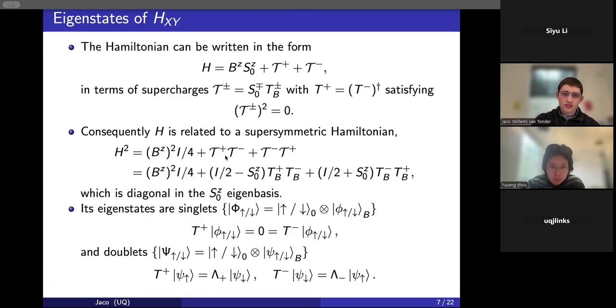Or the only other possibility is if T acting on the eigenstate gives 0, so those being the singlets. So doublets meaning doubling, they come in pairs, or singlets, there's just a single one of those. I guess that's where the naming comes from.